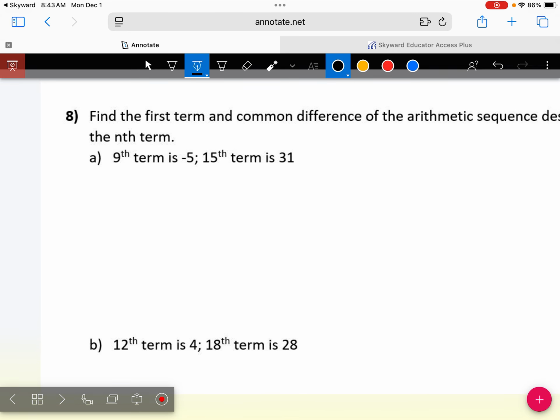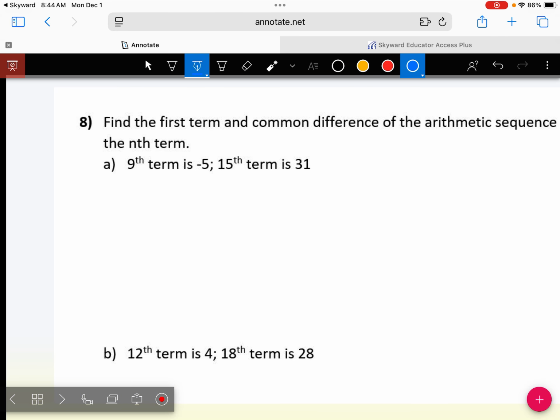So what they did tell me is that the 9th number is -5, which means that if I were to write this as a system, it would be -5 equals T1 plus D, and then this would be, it's the 9th number, so that would be 9 minus 1.